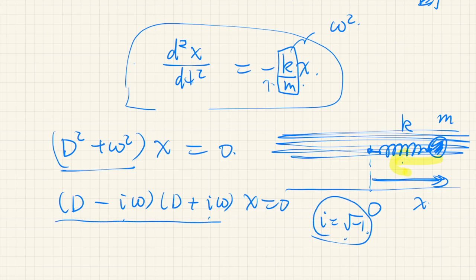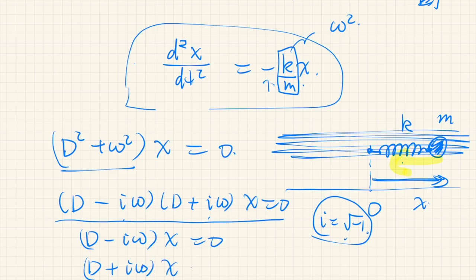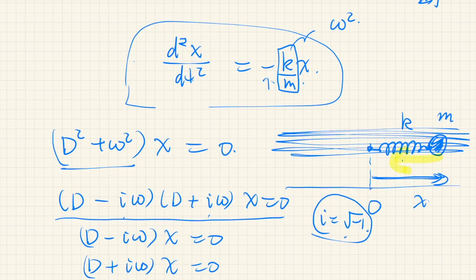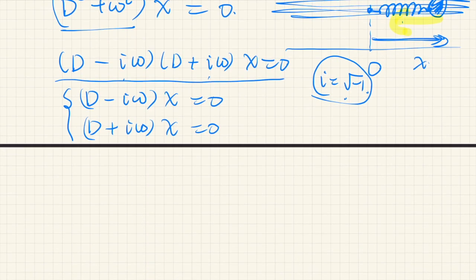So according to what we have learned so far, we can solve this equation by solving two differential equations and combining the solutions. So this one and this one. These equations involve imaginary numbers, but we don't have to worry about it. We can just treat this imaginary unit as just another constant which happens to be minus 1 when squared. That's all.